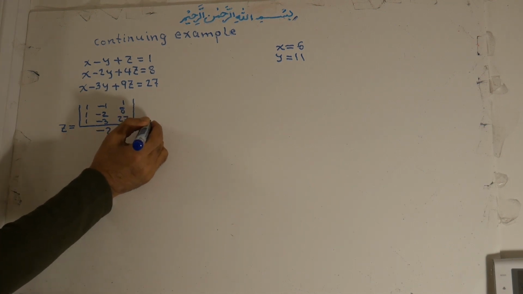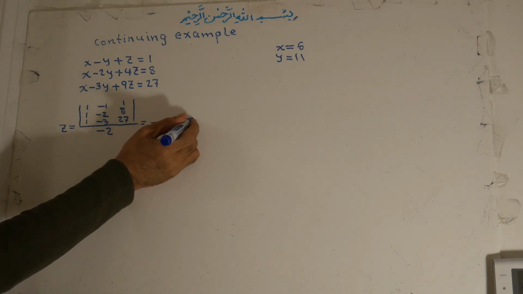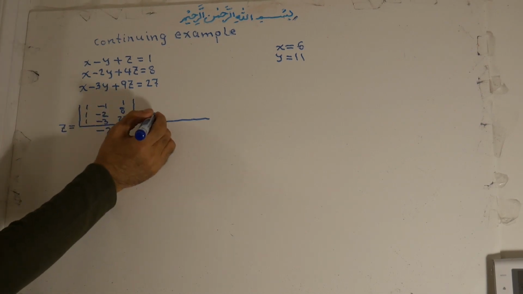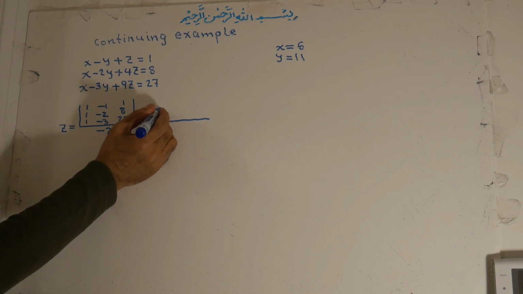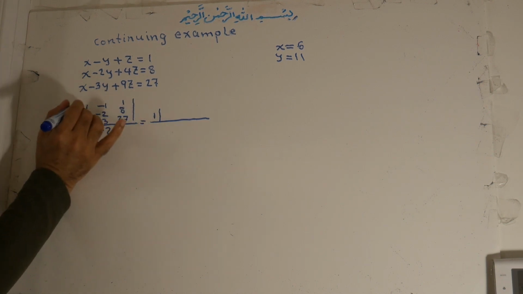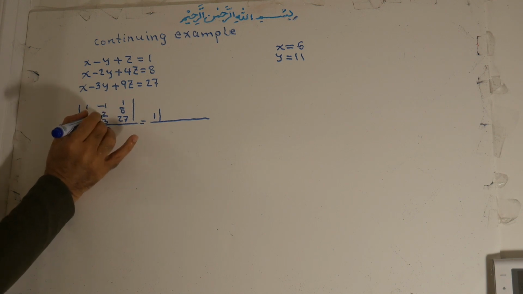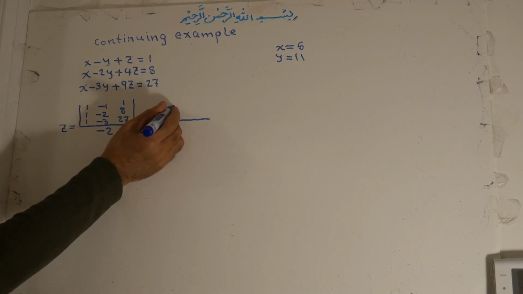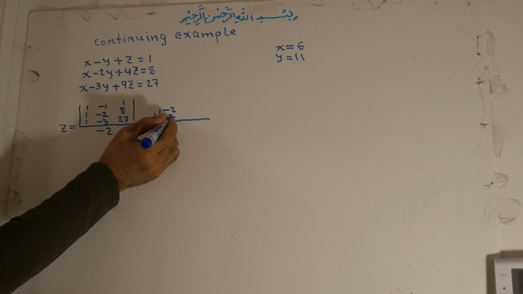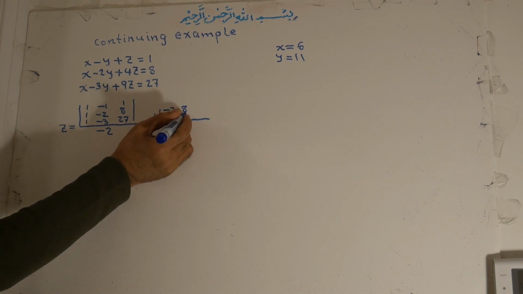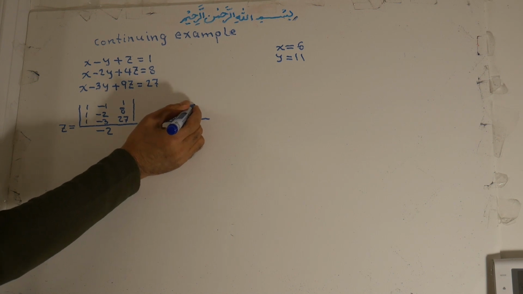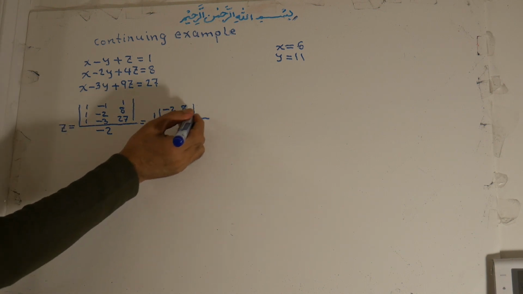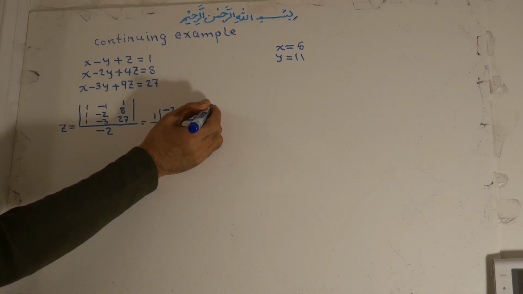Now what we do, we write the first one, the x coefficient is 1. We cross like this, horizontal and vertical. Here remaining minus 2, minus 3, and 8 and 27. Then the second one, this one, with a negative sign, that is minus 1.